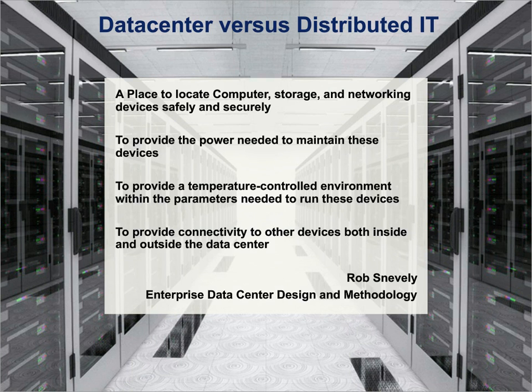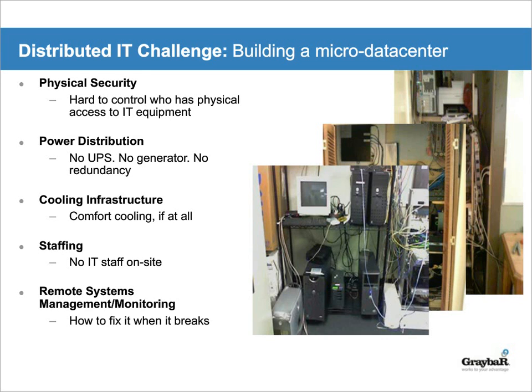Now, contrast that with an edge IT location. That same IT person needs to deploy a server or network equipment at an edge location. There's no power, there's no UPS, there's no generator. A lot of times there's no cooling, right? A lot of times there's no physical security. A lot of times you don't even know what the building looks like, right?